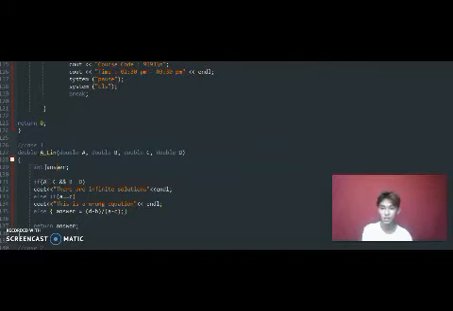So int answer. We are using a conditional, specifically the if and else statement. If A is equal to C and B is equal to D, the computer will output that there is an infinite solution. Else if A is equal to C, then this is a wrong equation.